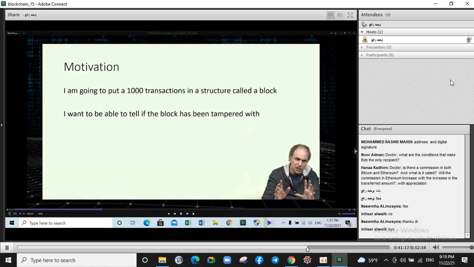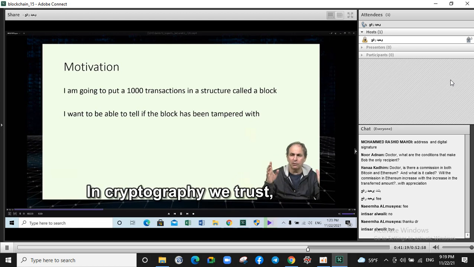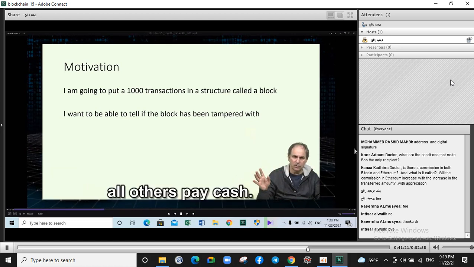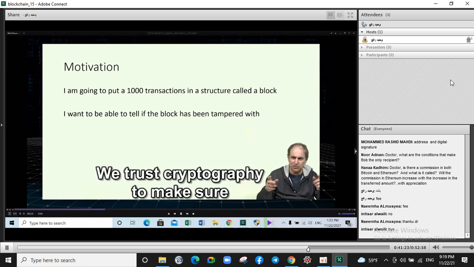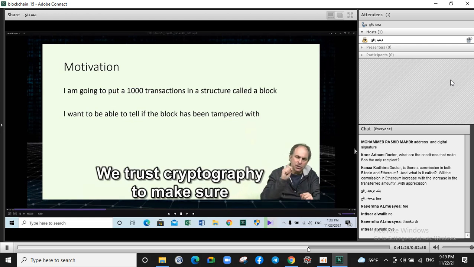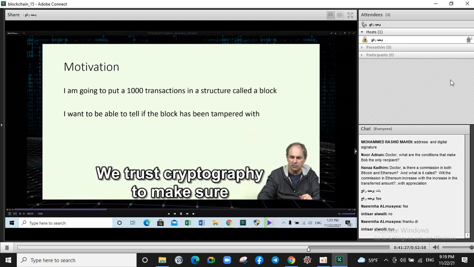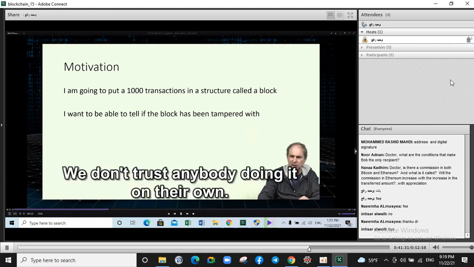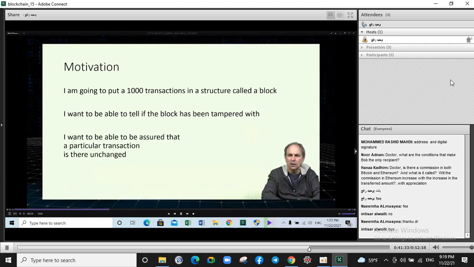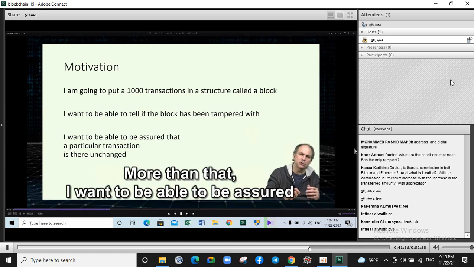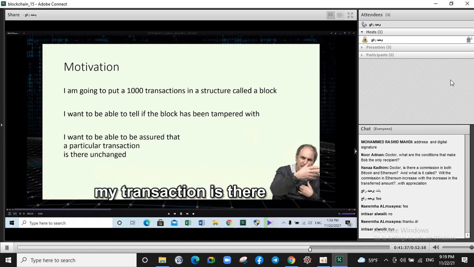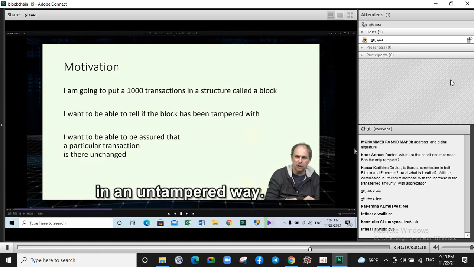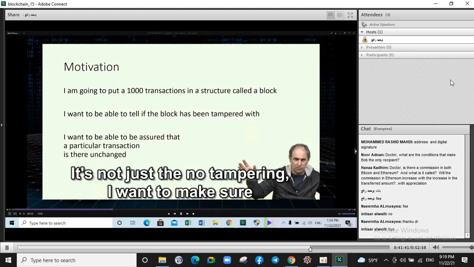We trust cryptography to make sure that nobody's tampering with anything. We don't trust anybody on their own. And more than that, I want to be assured my transaction is there in an untampered way. So it's not just that there's no tampering, I want to make sure that my transaction is actually counted there. So that's something that I need to do sometimes.